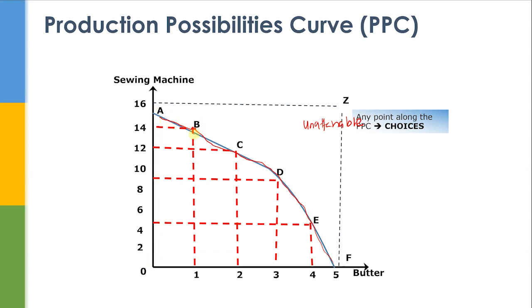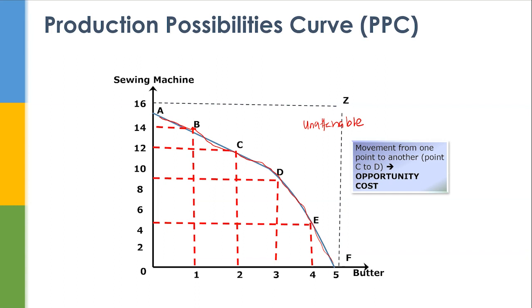If let's say dia pilih point B, dia nak menghasilkan 14,000 of sewing machine, the butter you dapat achieve 1,000 kilogram of butter. Okay, itu contohnya. So, anything yang dekat sini adalah attainable and efficient. Maksudnya they use full factors of production, full resources digunakan, semua resources yang dia ada and to produce to the maximum. Any line dekat this PPC. Hopefully you understand that.